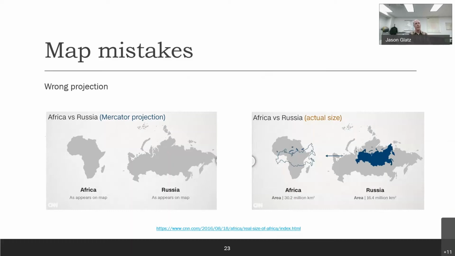If you look at a globe, and on the right-hand side, you have an equal area representation of Russia, you can see that it's smaller than Africa. So if you were using data like lightning strikes per square kilometer, it's important that you use an equal area projection map and not a Mercator projection map, because it will be a distorted image, or it will mislead the reader.